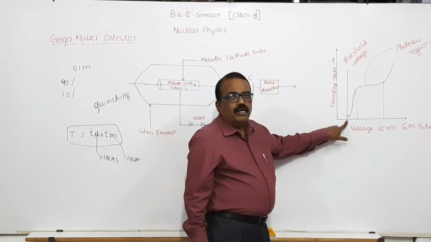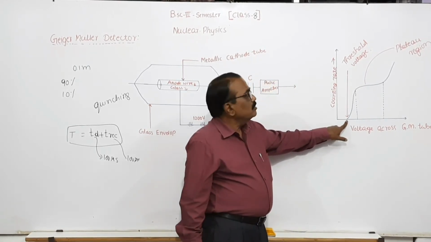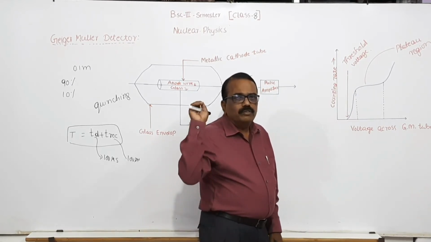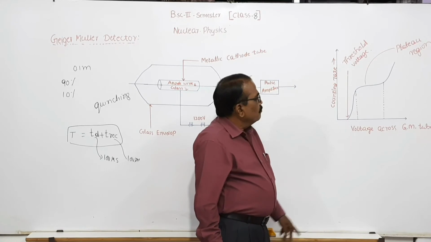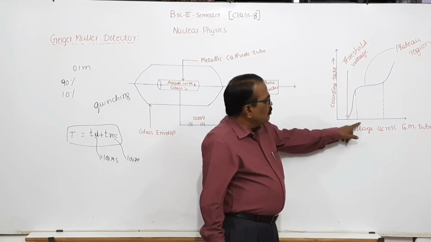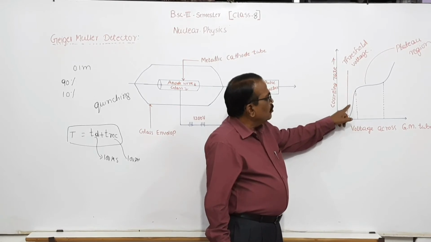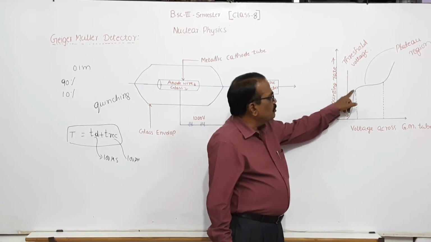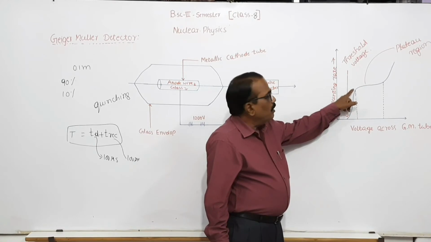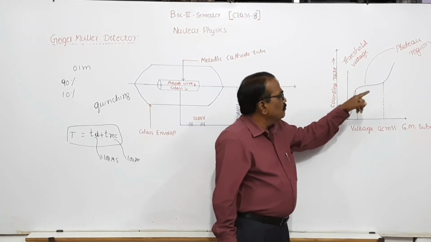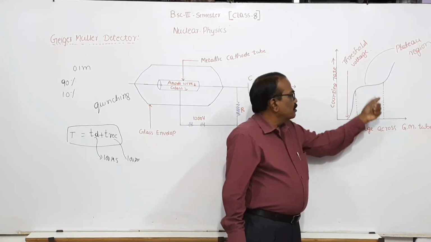The voltage at which the counting rate starts is known as the threshold voltage of this GM tube. Then as the voltage goes on increasing across the GM tube, counting rate also goes on increasing up to a certain stage. Then the counting rate remains constant up to a certain voltage.